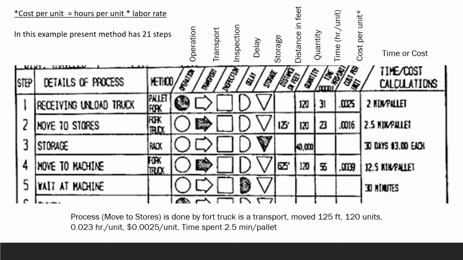So we shade here, and it moved 125 feet. 120 units is your production quantity, and we're doing at 0.023 hour per unit production, and we spend $0.0025 per production unit. So the time spent is 2.5 minutes per pallet production.